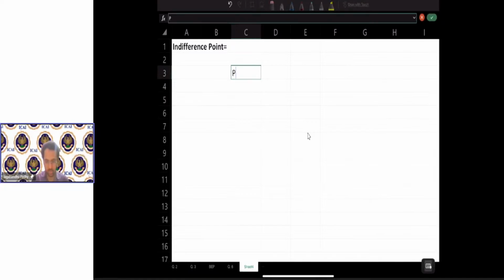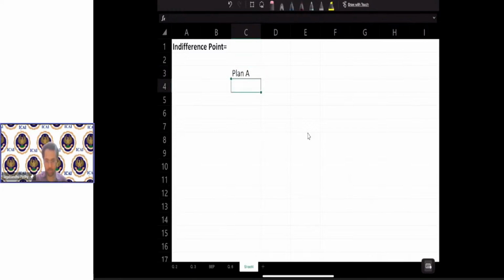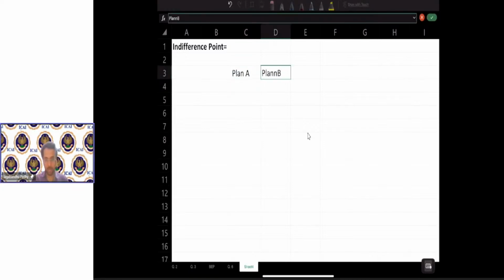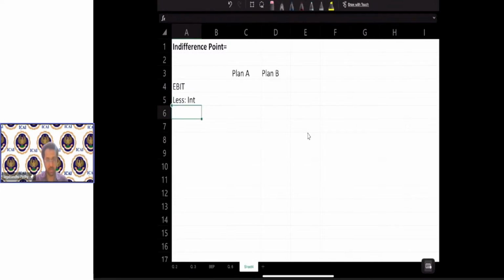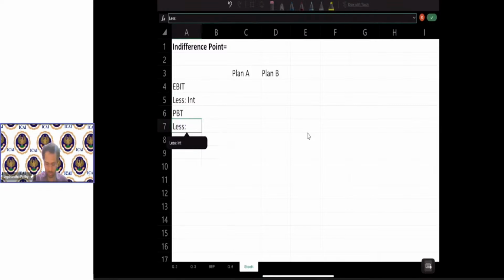So let's say we have a plan A and we have another plan B. So there will be EBIT. From that, you will reduce the interest. Then you will get profit before tax. From that, you will reduce the tax.